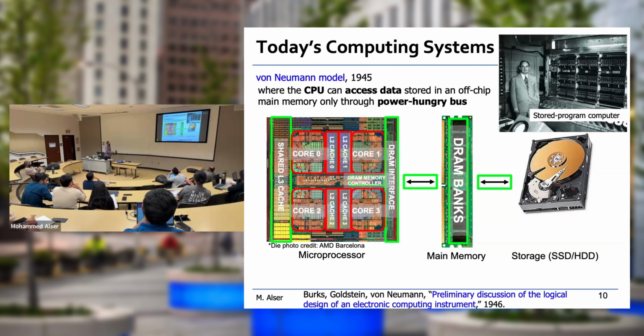And that is all going back to the von Neumann model that was proposed in 1945. So all of today's computers are still following that von Neumann model, which is good for general purpose computing, but as we move to more sophisticated, more data-hungry, more memory-intensive applications, this paradigm is becoming really outdated.